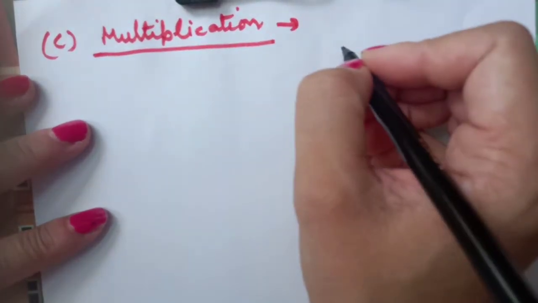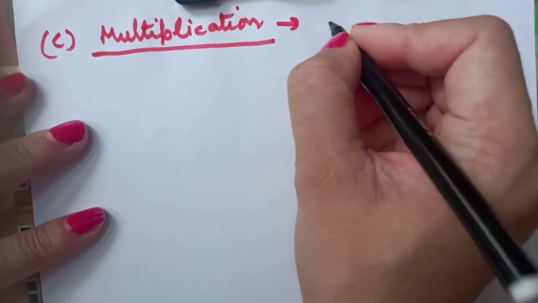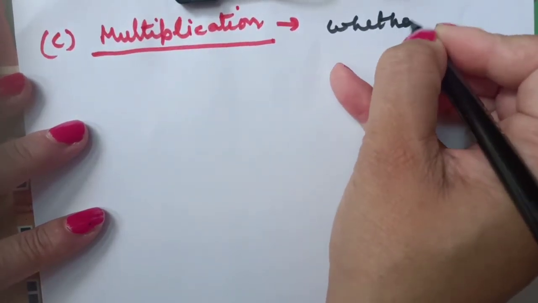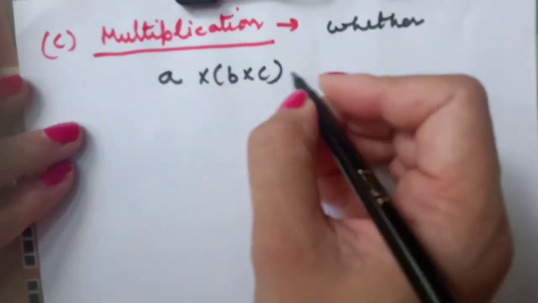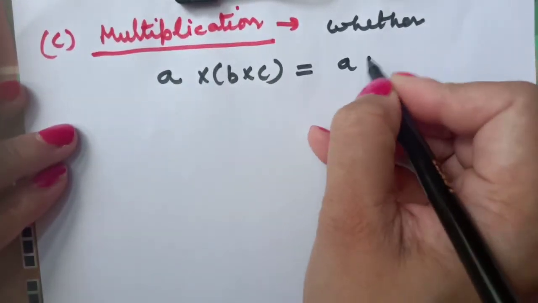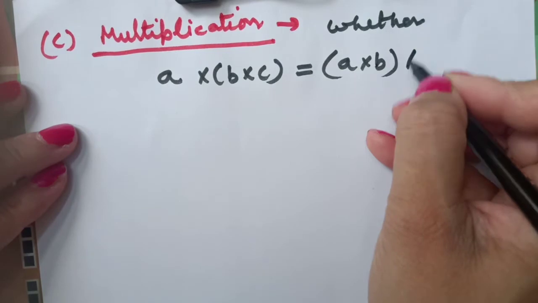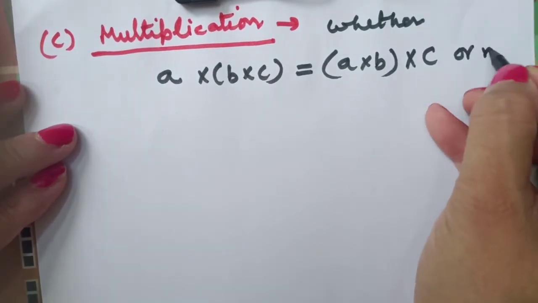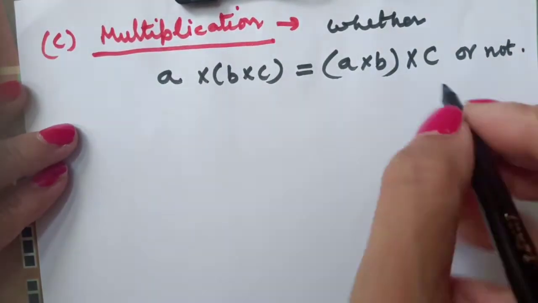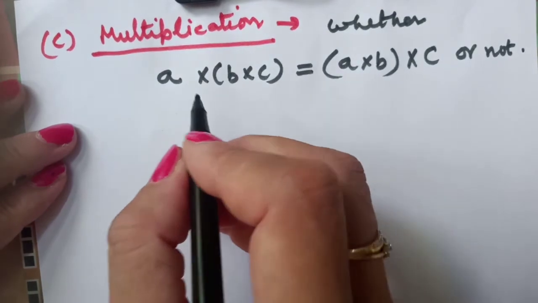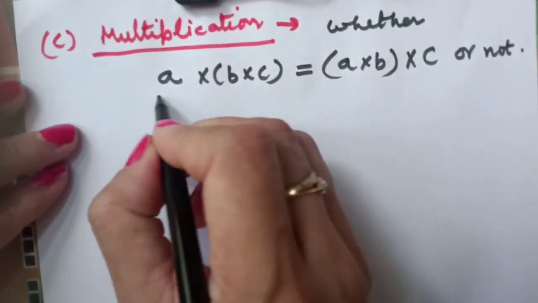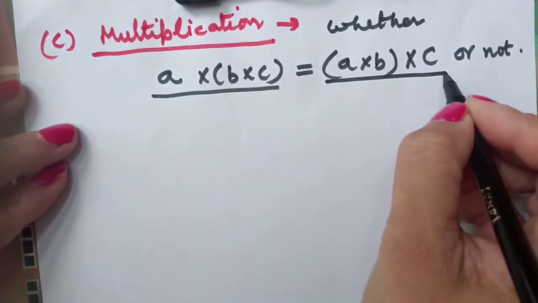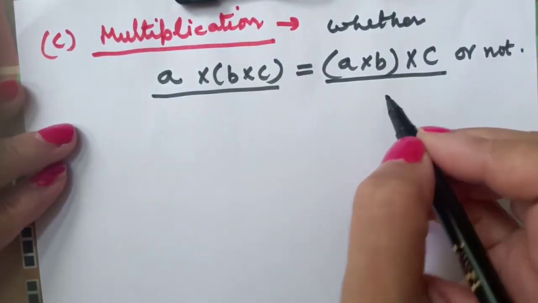To check this property, we will check whether (a × b) × c is equal to a × (b × c) or not, for any three rational numbers a, b, c.